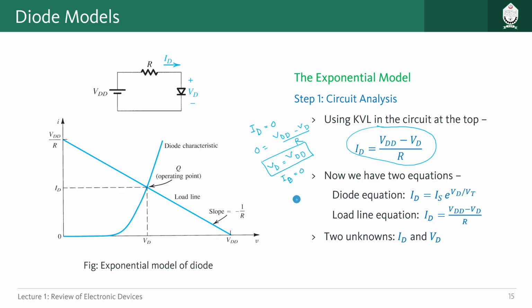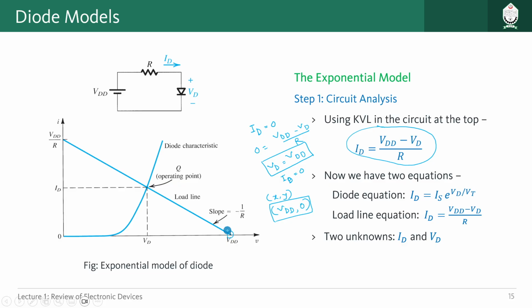So we have got one point as x comma y, which is what? In the x-axis we have VD, which is VDD, and in the y-axis we have ID, which is 0, right? So this is one of the points we have got to draw our straight line. So VDD comma 0 is here.